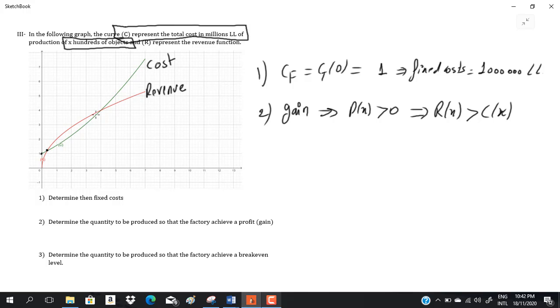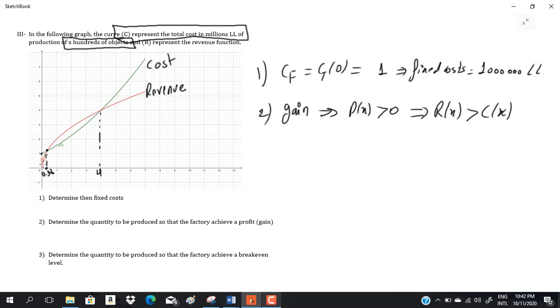They intersect at this point, at this point of abscissa 4, and I think this point is 0.38.